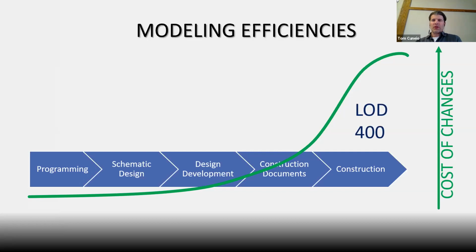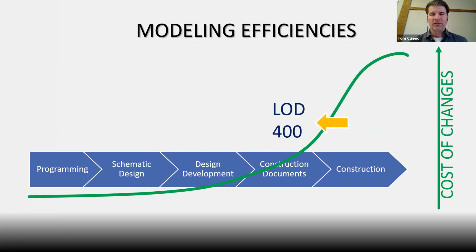We're always going to achieve an LOD 400 state. It's called construction. What's happened in the last 10 years is that we've got solutions now that allow us to explore that LOD 400 world pre-construction. So you can easily understand the economics that are driving BIM coordination.